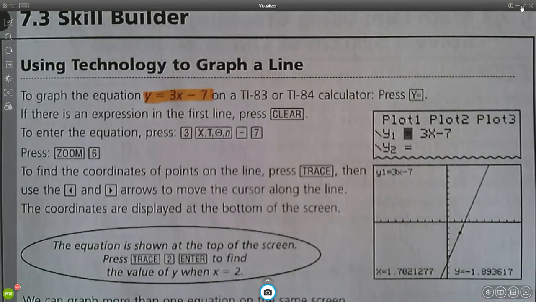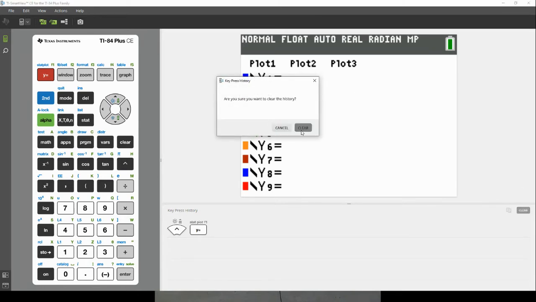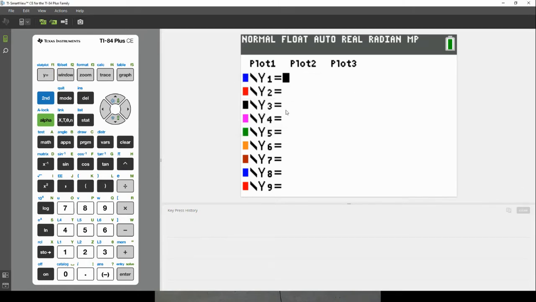So again, our equation is y equals 3x minus 7. So 3x minus 7 is what we're going to put in. I'm just going to move up so that I'm in the Y1. In order to get this in your calculator, you would have to press the Y equals button. That button will take you to this screen where you can put in your equation.